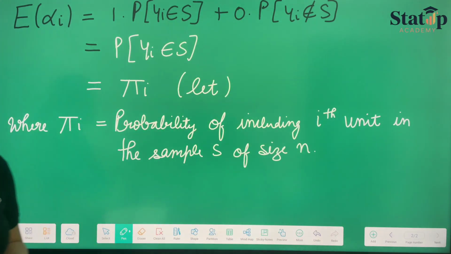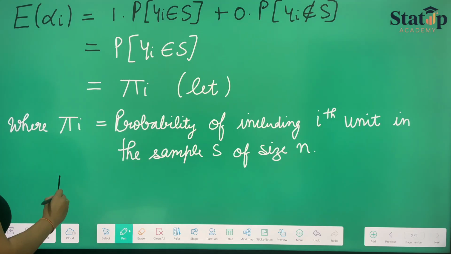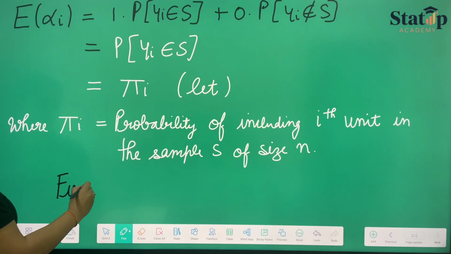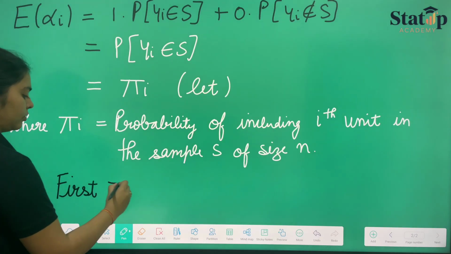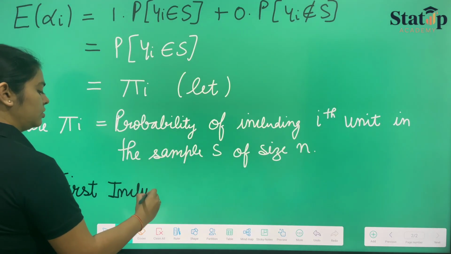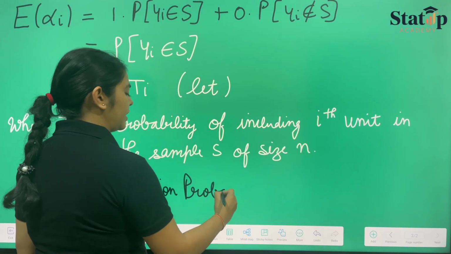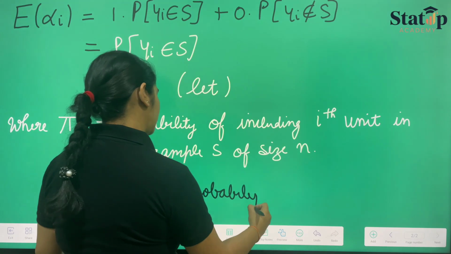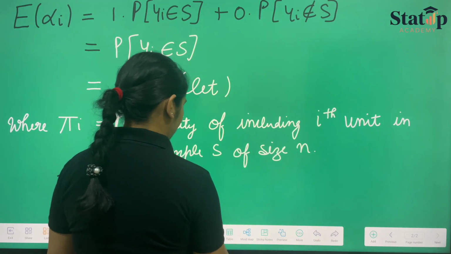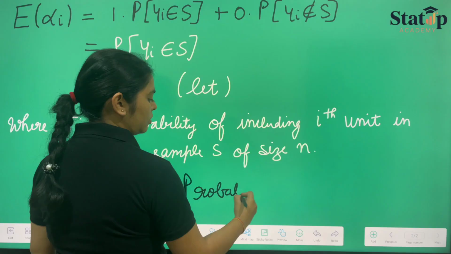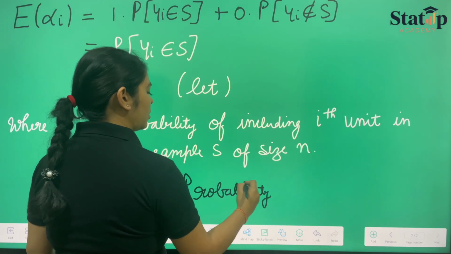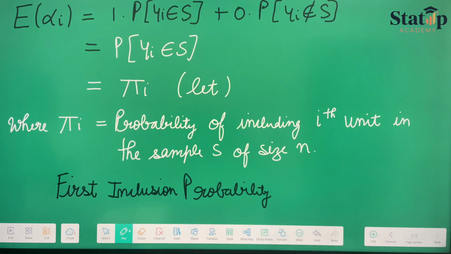This is known as the first inclusion probability, or we can write it as the inclusion probability of order 1.